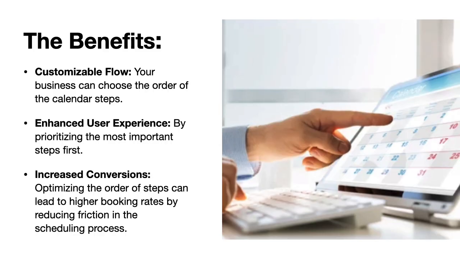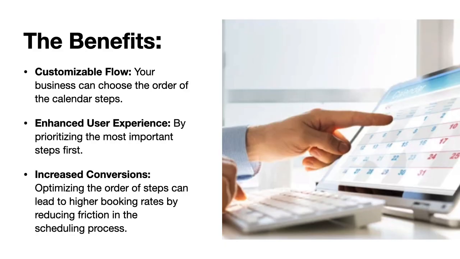First of all, now you can customize that calendar flow. So now you get to specifically choose the order of each of those calendar booking steps. This is really seriously going to enhance user experience because you're able to use your absolute highest priority step from that calendar booking first.